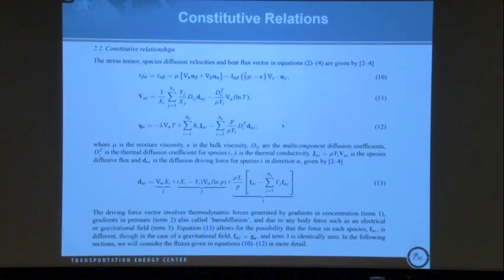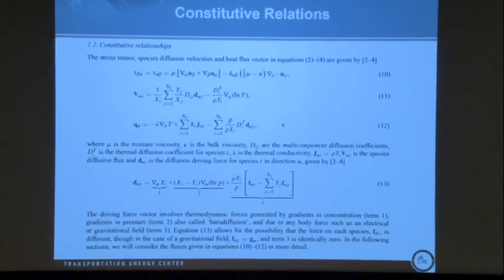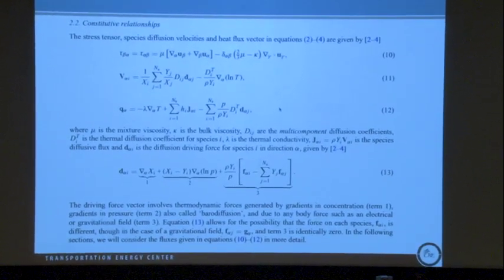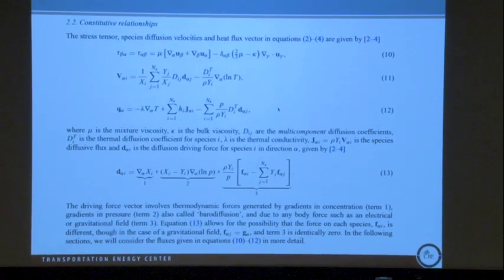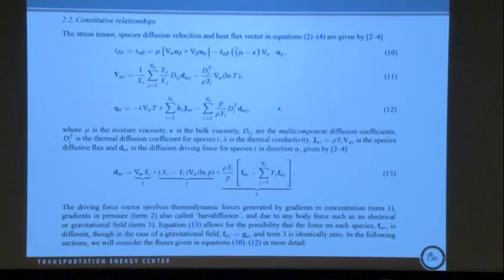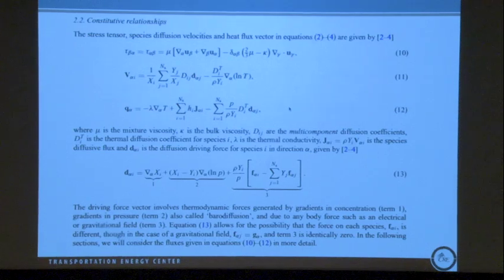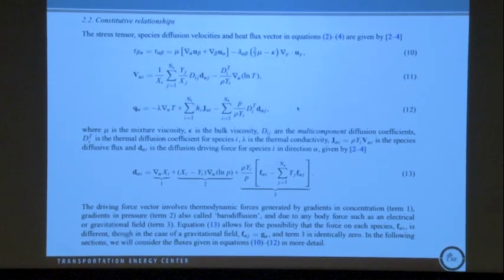There are a number of constitutive relations that enter these equations. As I mentioned before, there's the viscous stress tensor, shown by tau beta alpha, the species diffusion velocities, V sub alpha i, and the heat flux vector, the Q vector in the third equation, equation 12, where mu is the mixture viscosity, kappa here is the bulk viscosity, and then the D_ij's are the multi-component diffusion coefficients.